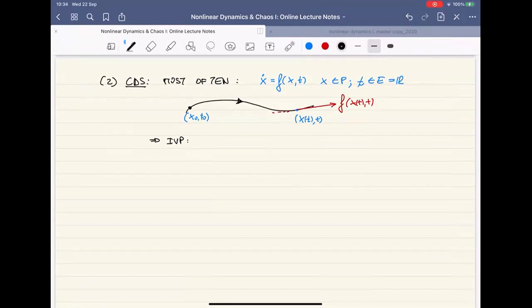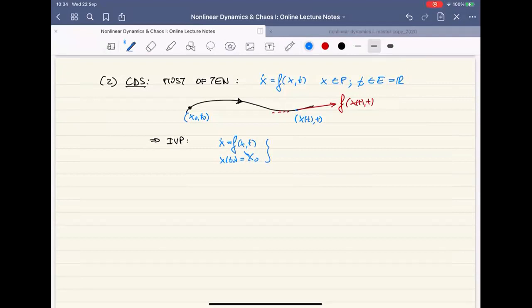If you have seen differential equations before, which I assume you have, then you must have seen this: in order to have a specific evolution for your initial condition, you have to specify not just the differential equation, but the initial condition as well, right? And these together have a chance to give you a solution, because if you don't specify the initial condition, then generally you will have infinitely many different solutions to the equation, right?